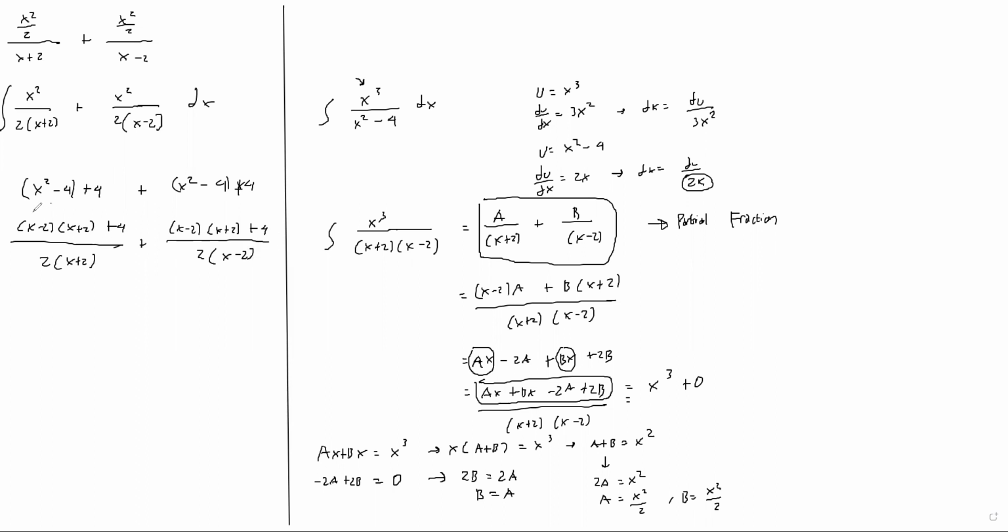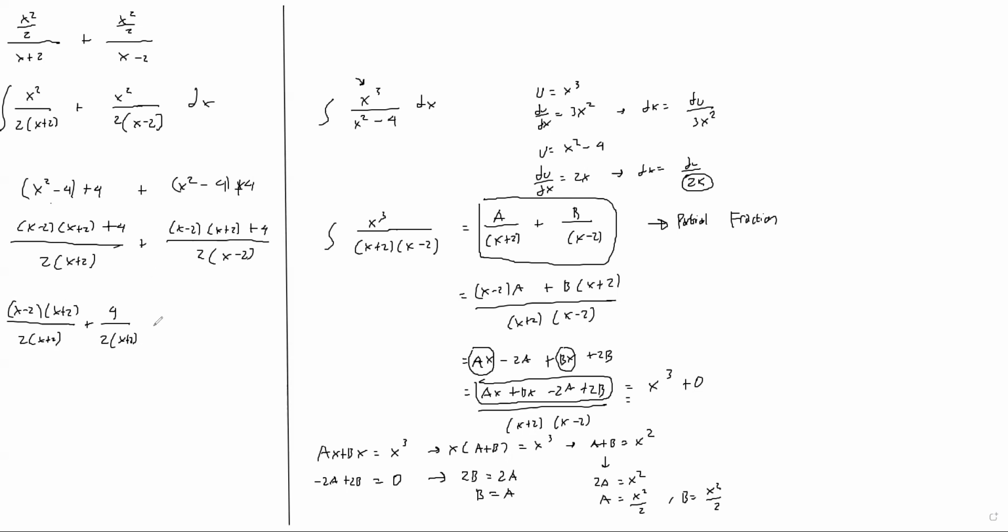Now, we can make each fraction right here into two fractions because there's a plus in here. So we make a fraction from x minus 2, x plus 2, divided by 2, x plus 2, added by 4 over 2, x plus 2. That's for the left fraction.